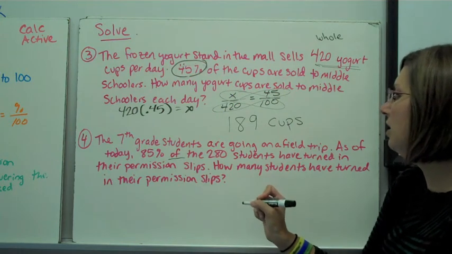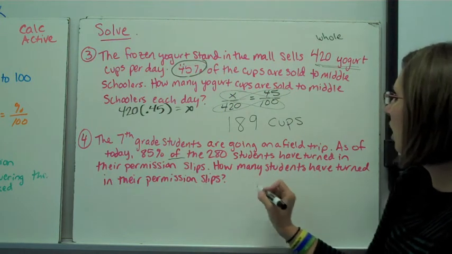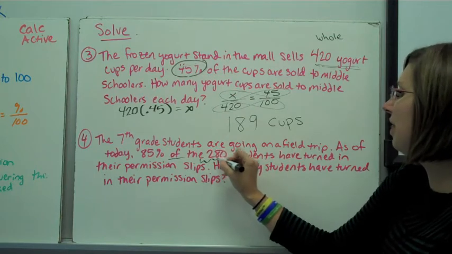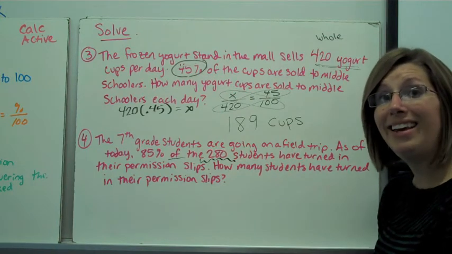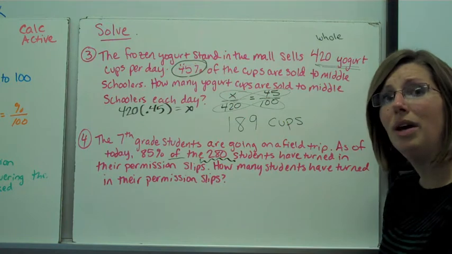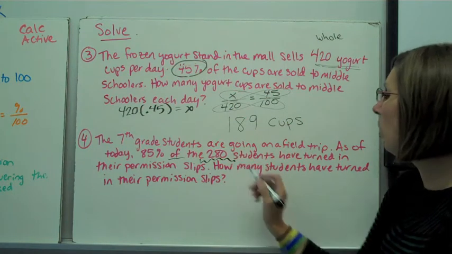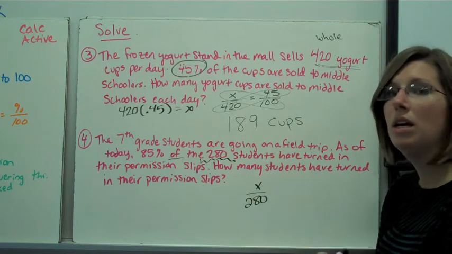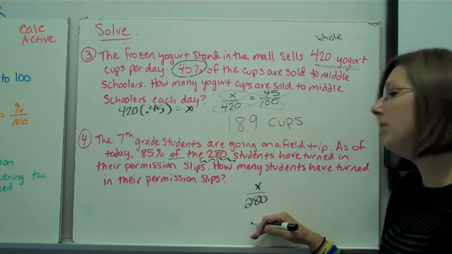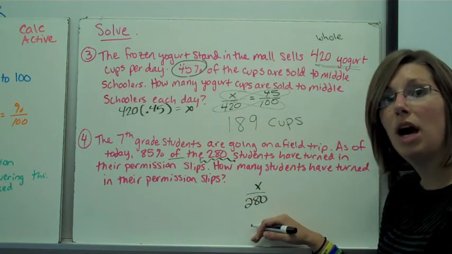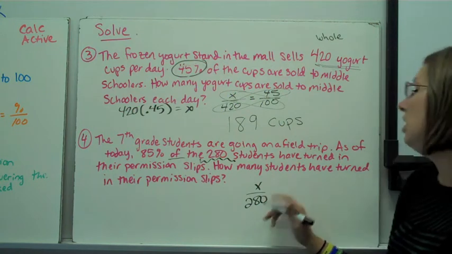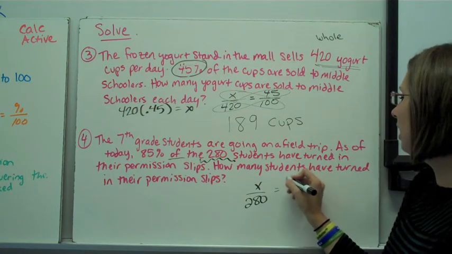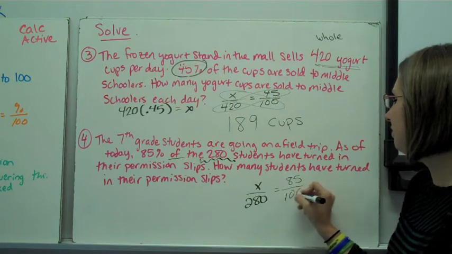I can set up an equation because I know that this 280 is the total number of students. That's the whole. I want to know how many students out of 280 turn in their permission slips. I want to know the part. I set that equal to 85 over 100.